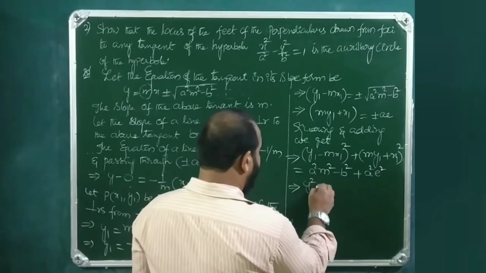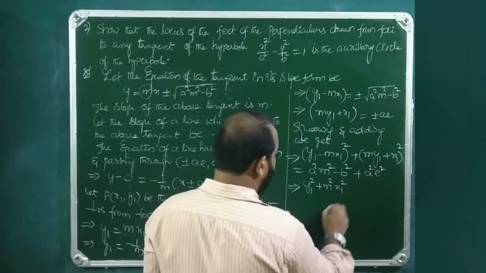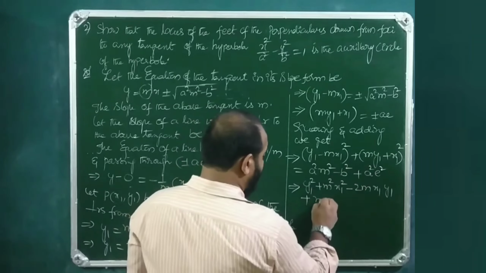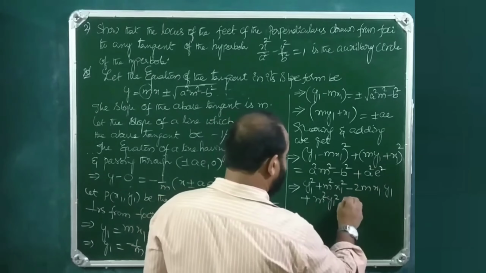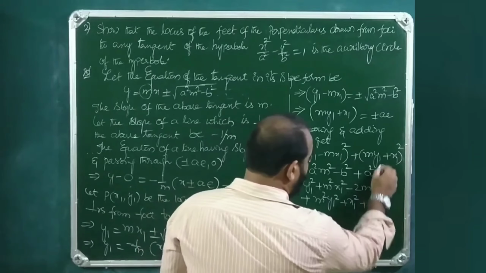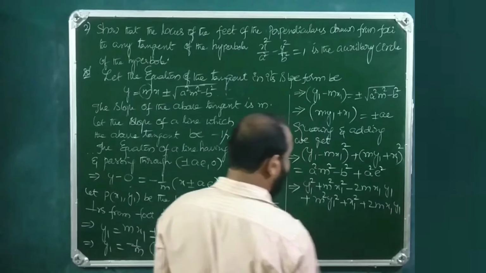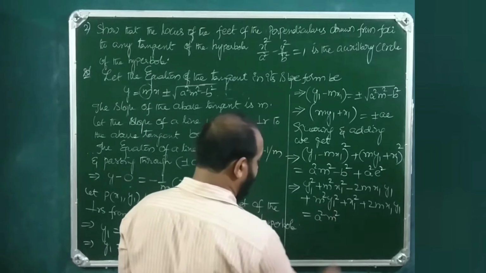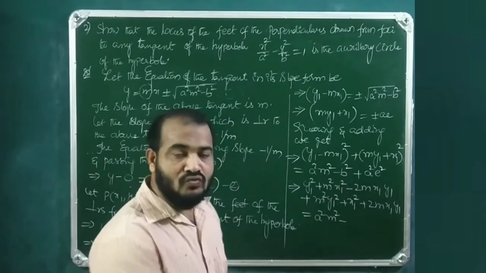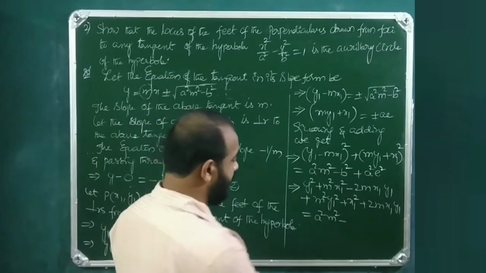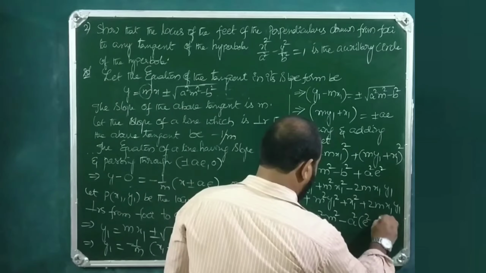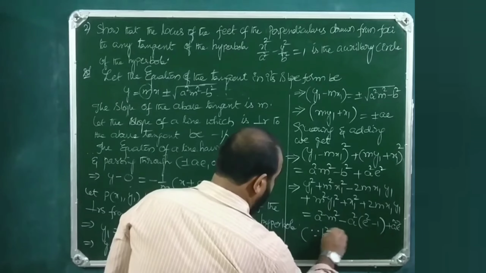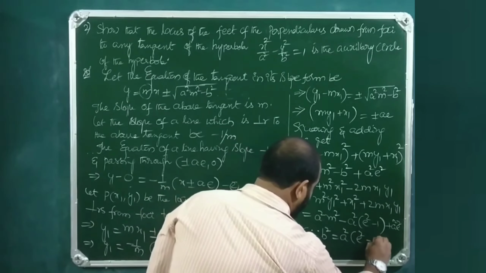So this is y1 square plus m square x1 square minus 2mx1y1 plus m square y1 square plus x1 square plus 2mx1y1 is equal to, this a square m square minus b square is equal to a square m square minus a square into e square minus 1, plus a square e square, since for the hyperbola b square equals a square into e square minus 1.